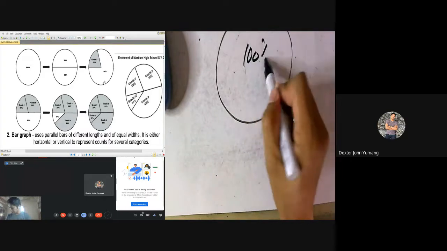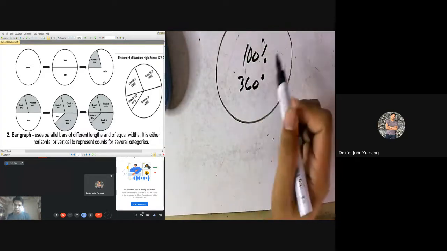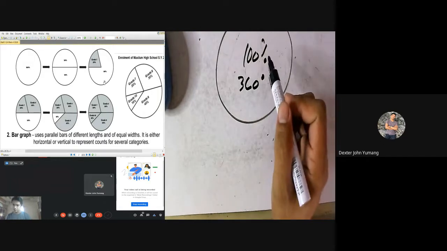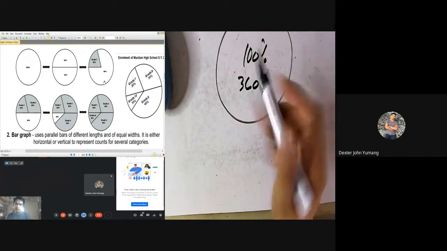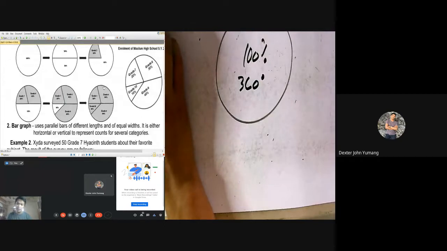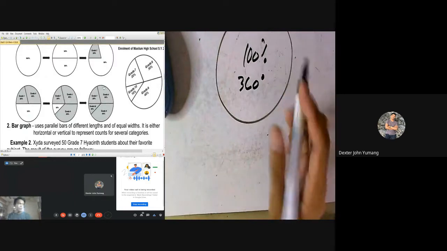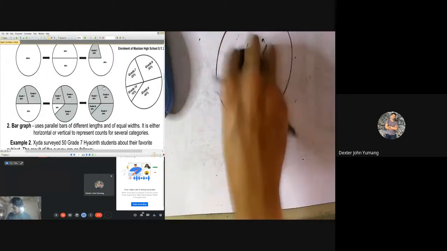Right? And the entirety of this is 360 degrees. So in this case, going back to our data, the grade 7 is 72 degrees. Using your compass and protractor, you are going to measure that using the protractor that you have.